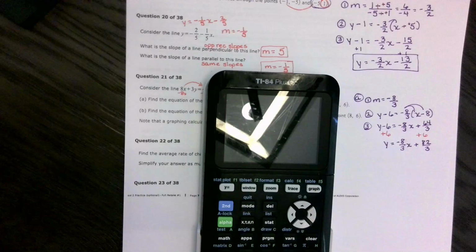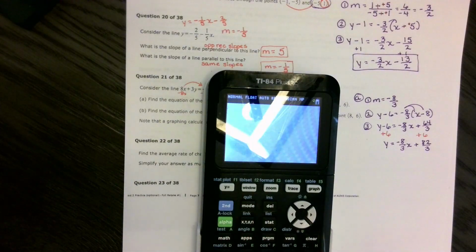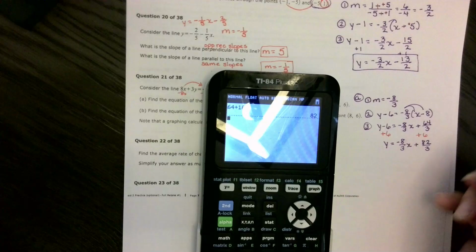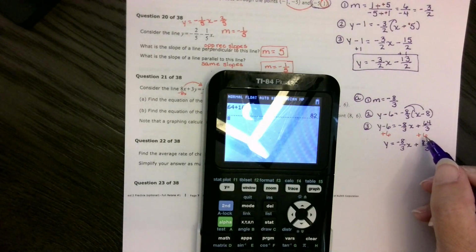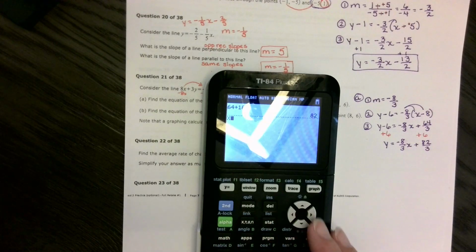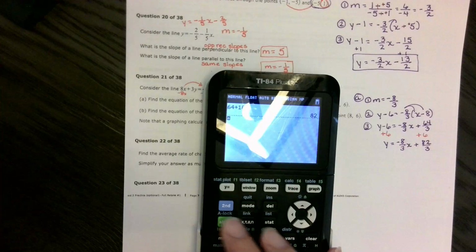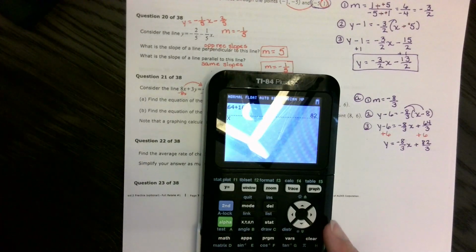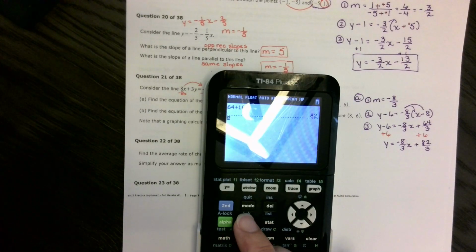I don't have you guys here to correct me, so I better check. 64 plus the 18 gives us 82. I just know this is 18 thirds, but you have fractions. You can use your fraction key. Well, let's try.